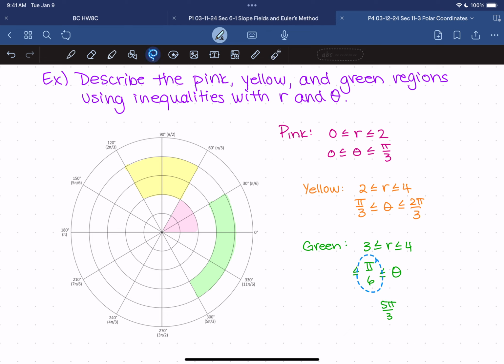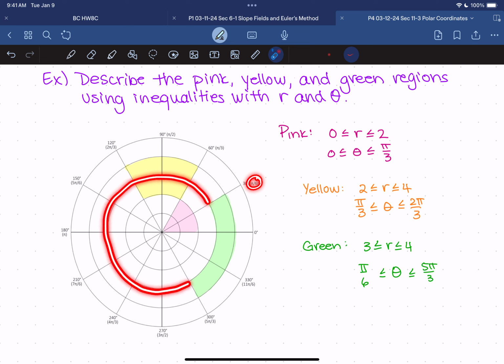We'll take pi over 6 and put it here, and 5 pi over 3 and put it there. Now we're going from the smaller value to the bigger value. You can't do that either because that says you're starting at pi over 6 and increasing until you get to 5 pi over 3, and that is not where the green part is shaded.